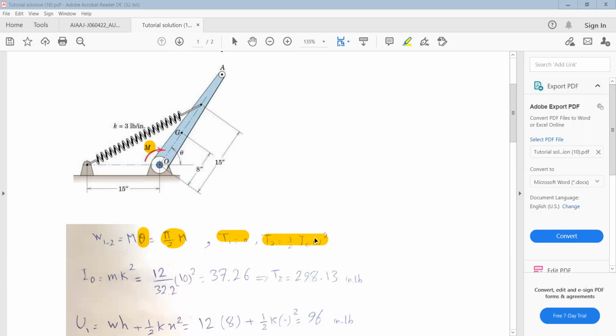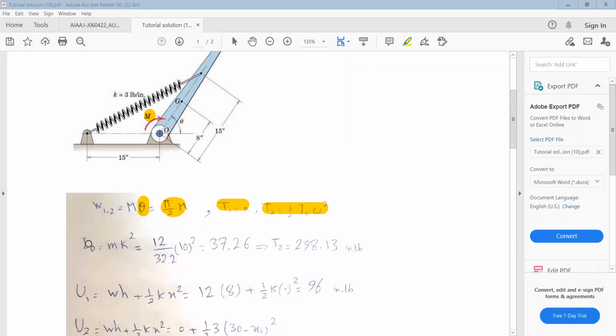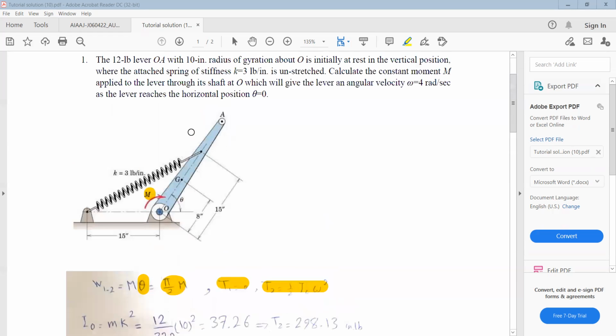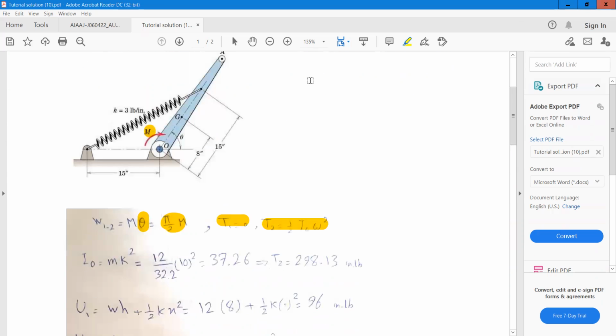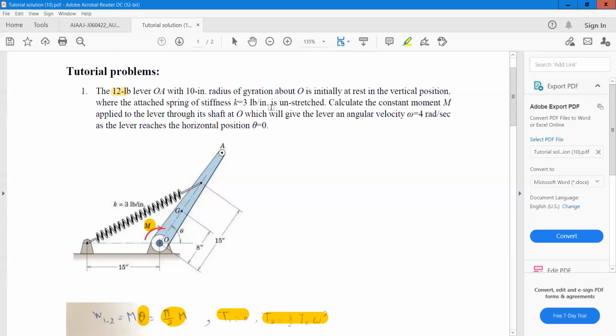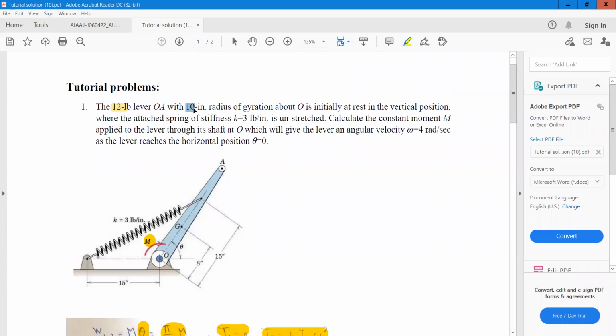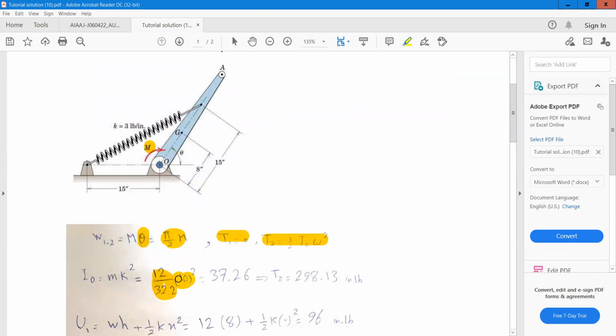This is T2. And I_O is equal to the mass times the radius of gyration squared. The weight is 12 pounds, so we divide by 32.2 to get the mass, times k squared, where k is the radius of gyration, 10 squared. So this is I_O.